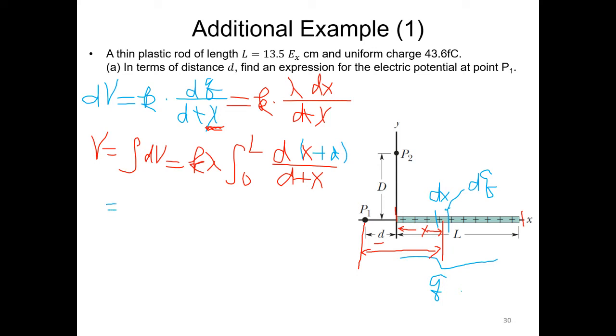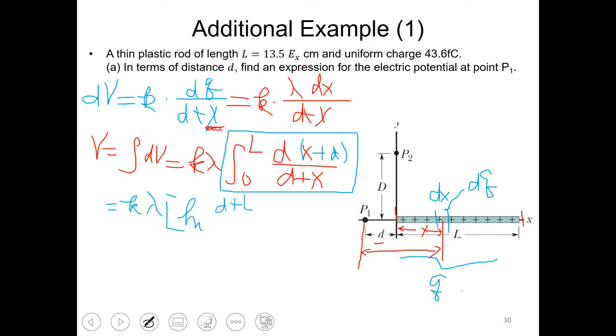So here we have k lambda times the integral, which is nothing but ln of d plus x, and then we substitute 0 to L, so it will be ln of d plus L over d. So we substitute the numbers.